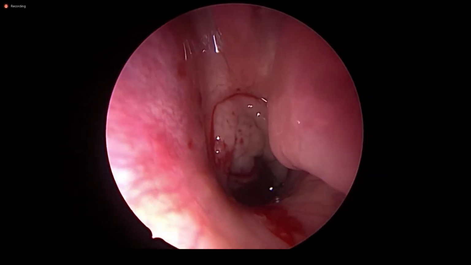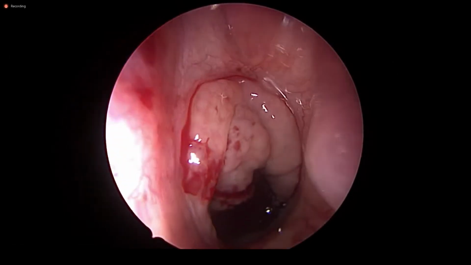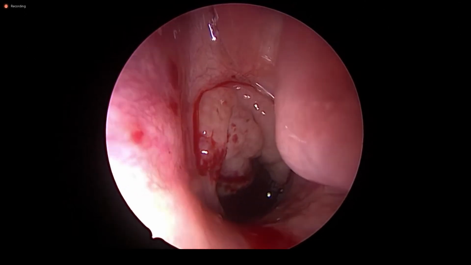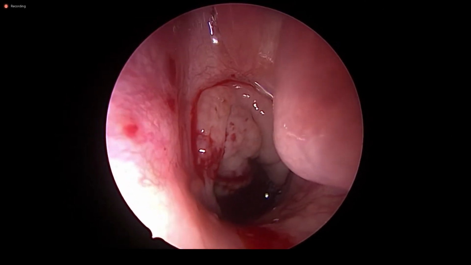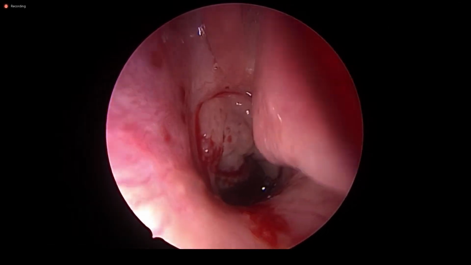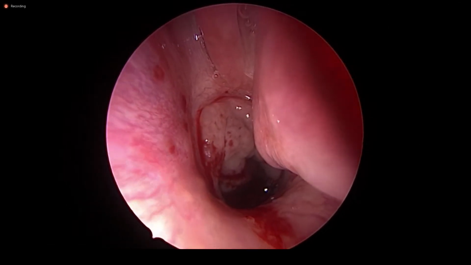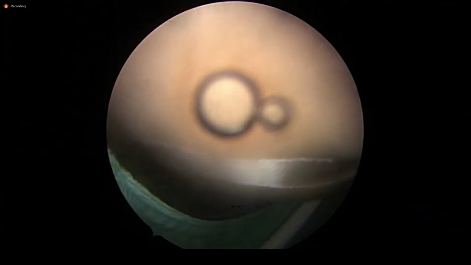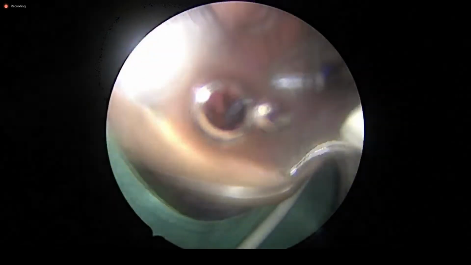This I will accomplish fast by means of the microdebrider. I will tell you the reason this phase is to be done with the microdebrider. Why? In spite of a little bit of the bleeding which the microdebrider is going to give, still I will prefer to use it so that I don't lose my plane.